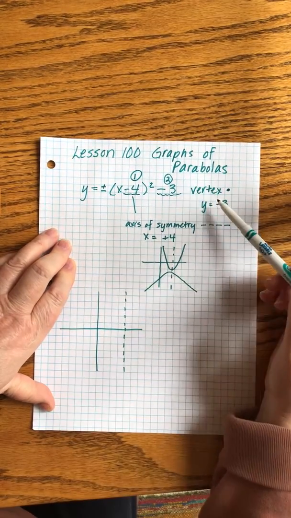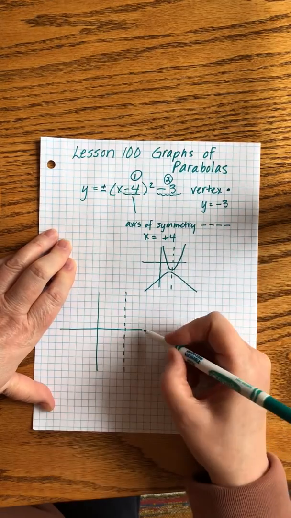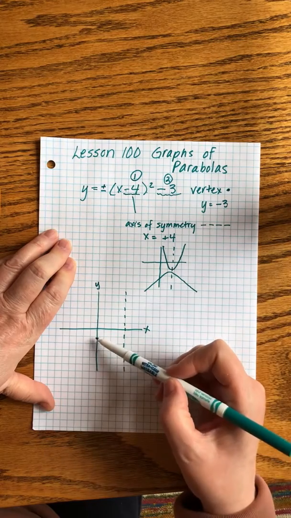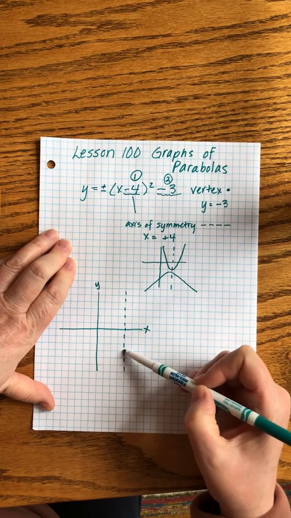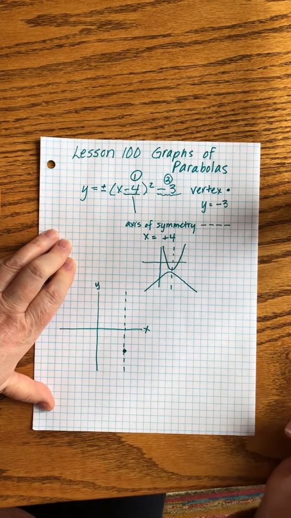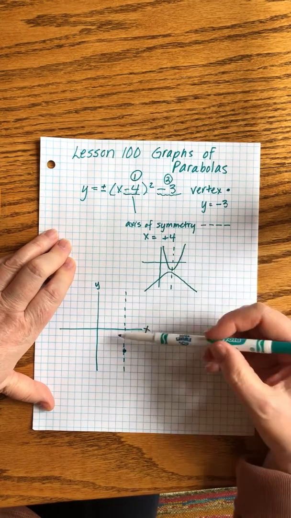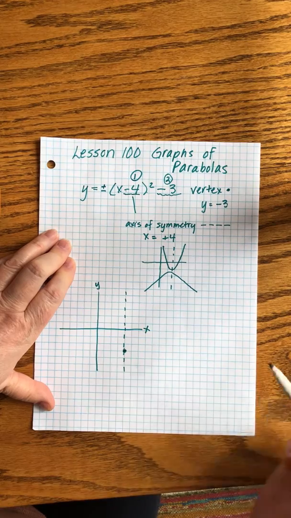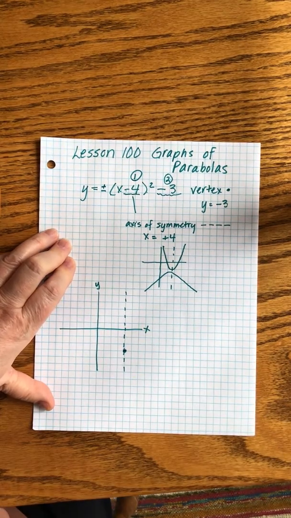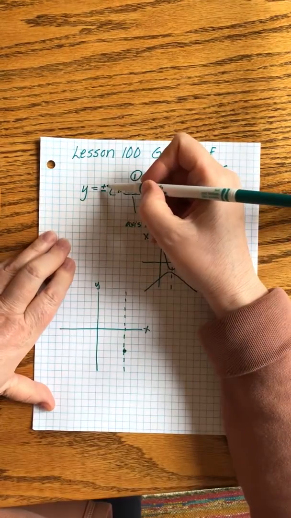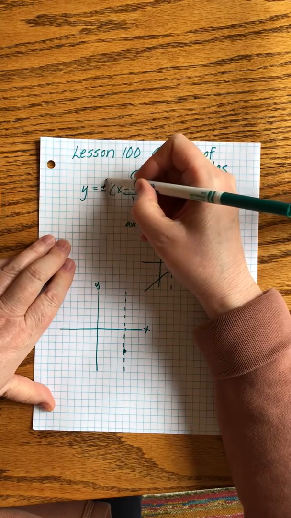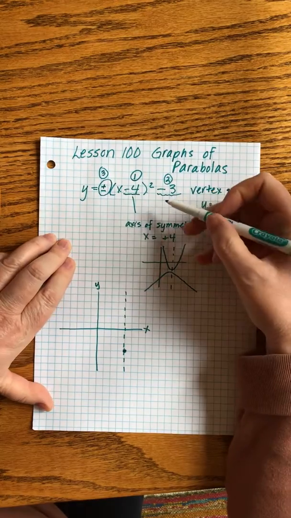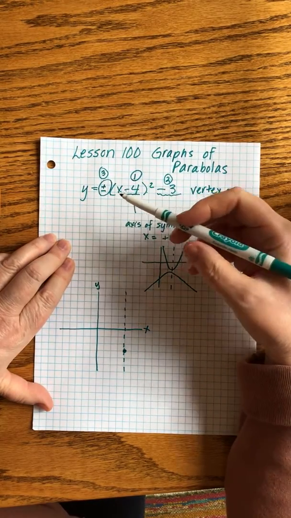And in ours, it's y equals minus 3, so we go here. This is the x-axis. This is the y, just to remind you. Y equals negative 3. 1, 2, 3. So right here is going to be either the bottom of our up-facing parabola or the top of our down-facing. We don't know which it is yet, but that information is contained right here. And this is step number 3, to determine whether we're up or down facing.